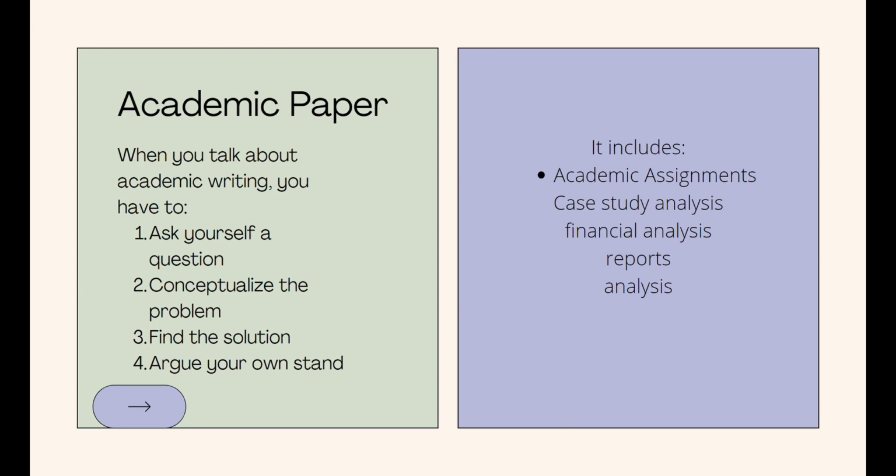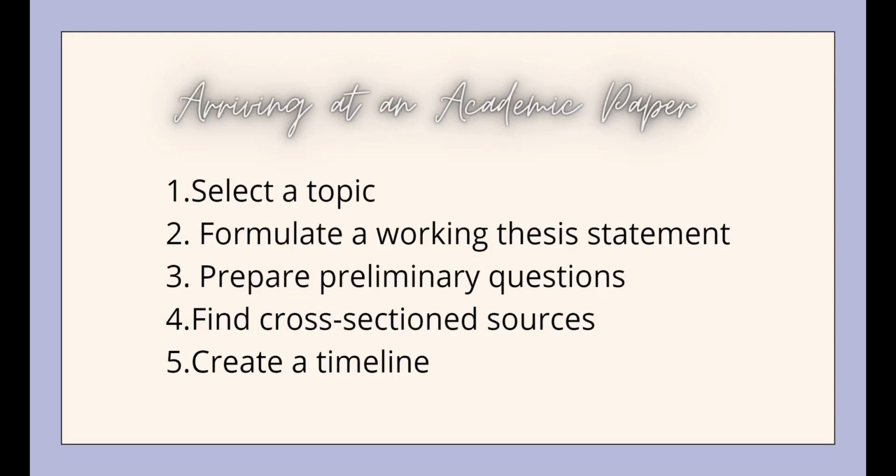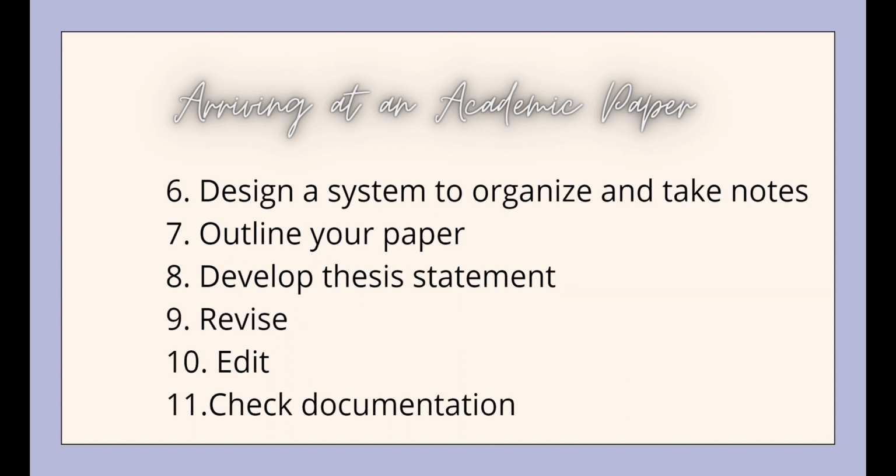So to be more specific at arriving at an academic paper or writing an academic paper, let's look at the following steps. Of course, we have listed 11 steps here.